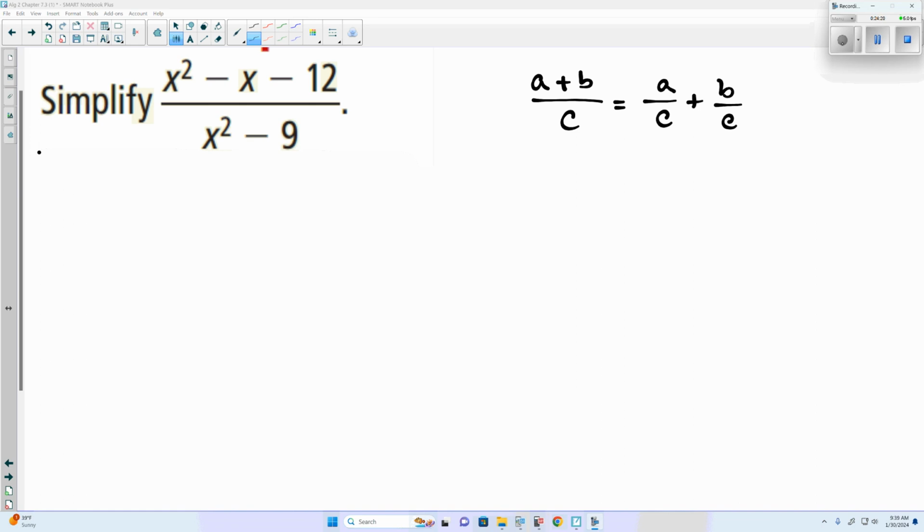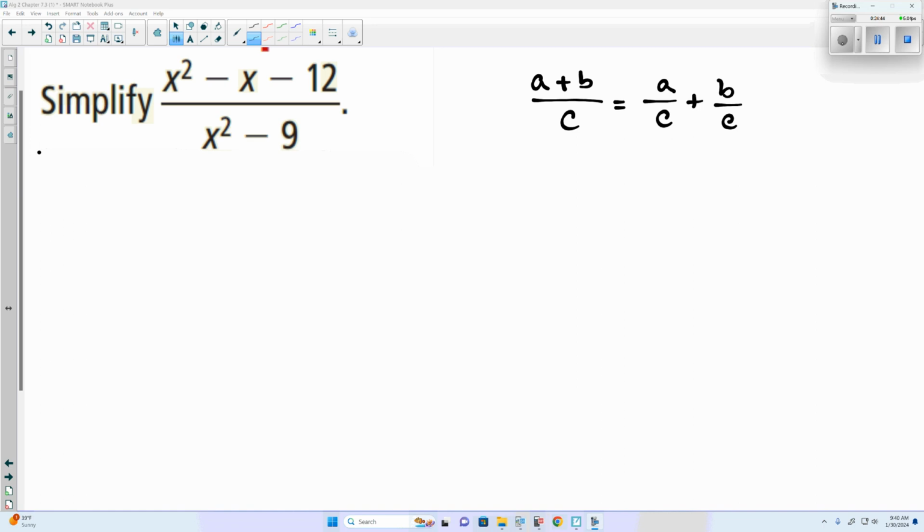Now, a plus b over c equals a over c plus b over c. So what we're doing here is just showing why we can't just cross out the x squared and x squared. Because when we add two fractions, the denominators have to be the same. If the denominator is the same, we add the numerators. Same thing's true here. We have x squared minus x minus 12.